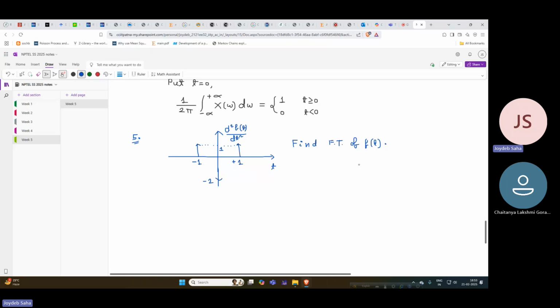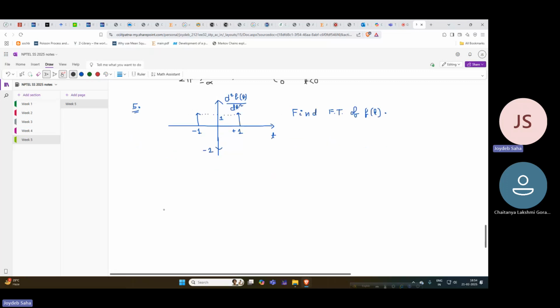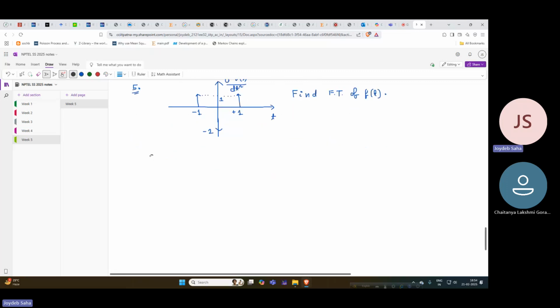Okay. So first, what we will do? First, we will define d2f(t)/dt2. d2f(t)/dt2 is nothing but delta(t+1) minus 2 delta(t) plus delta(t-1).